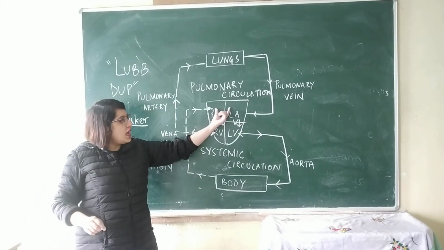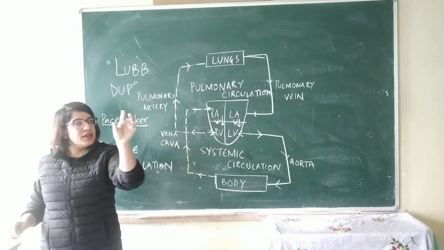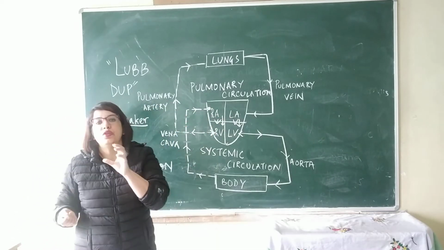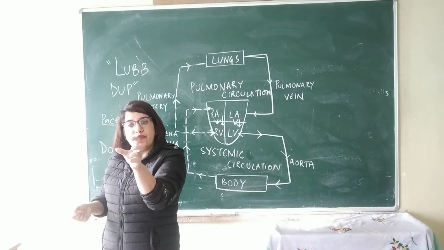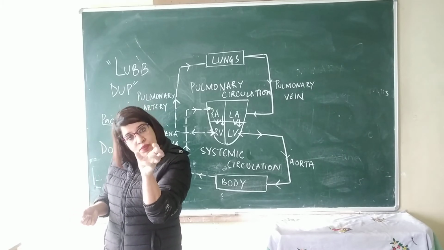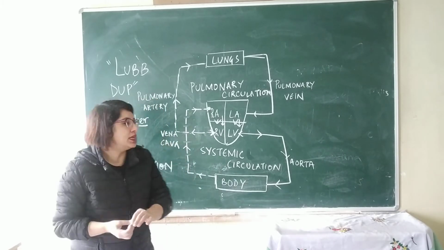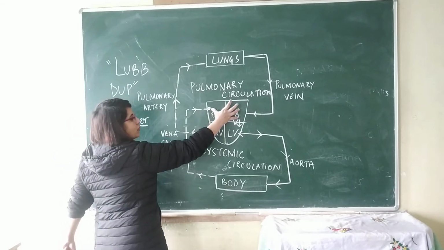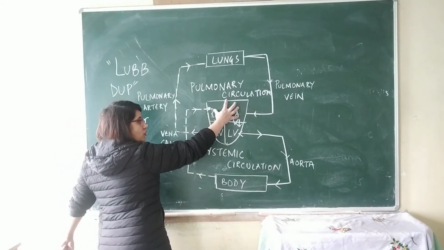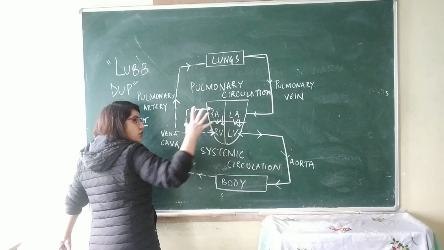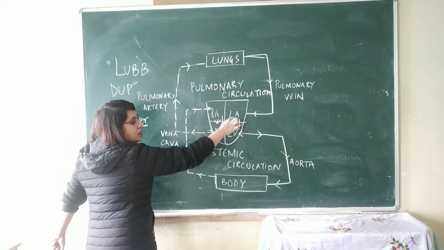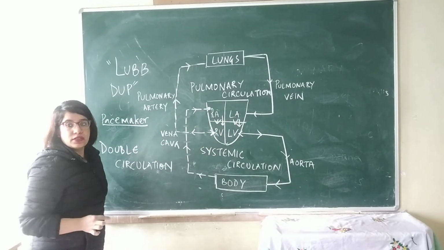Okay. Now suppose imagine a balloon. You blow a balloon. How do you take out the air from it? You squeeze the balloon. That means you contract it. Same thing happens here also. The right and the left auricle contract or squeeze, and the blood enters the ventricles.